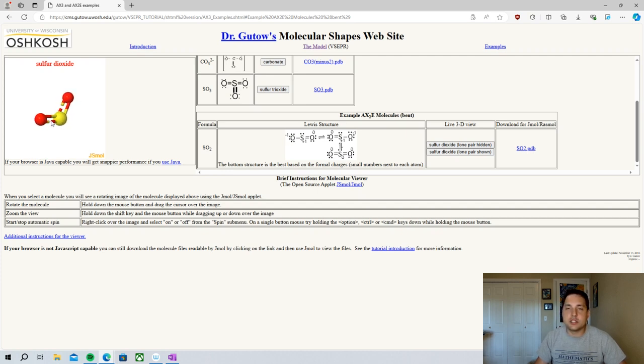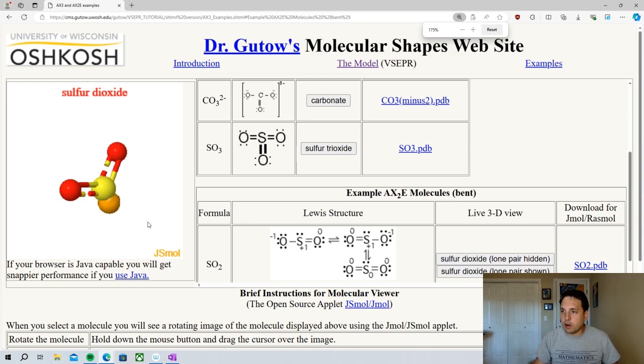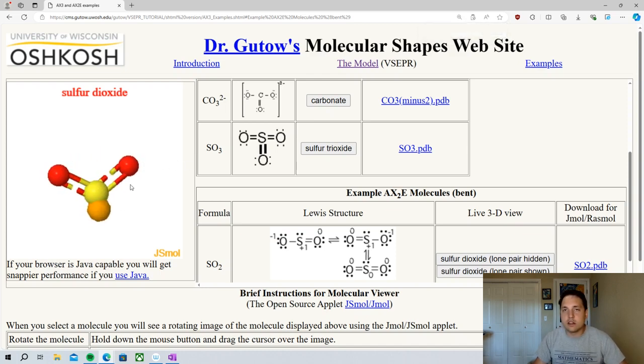Another molecule that has this bent geometry is ozone, O3. So in this example, if I show the lone pair, that's here in orange, we can see that this molecule still has that 120 degree angle here. The angle between these double bonds is going to be approximately 120 degrees.